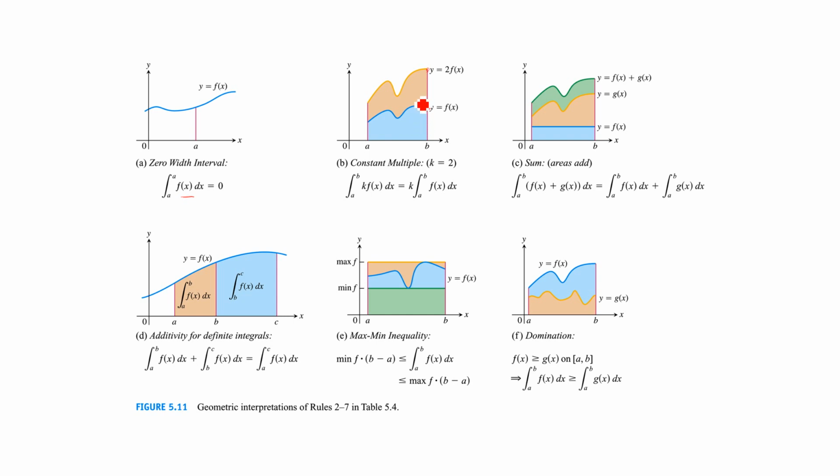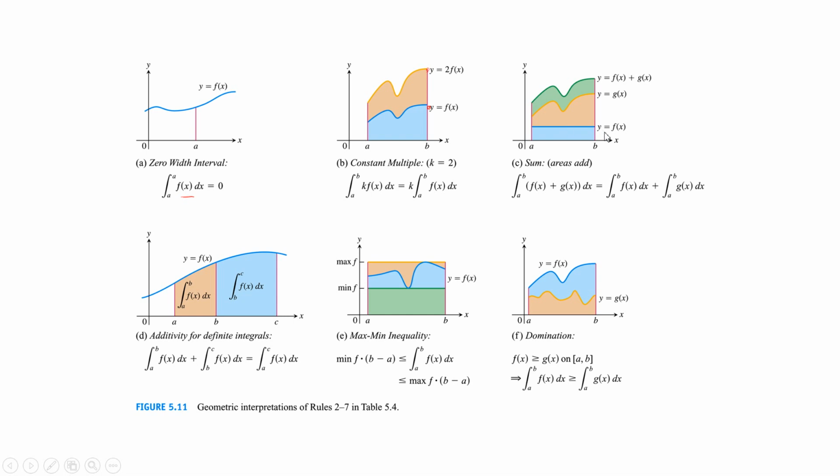That is why 2 times the integral from a to b f(x), or k times the integral from a to b f(x), because the heights of the rectangles will be doubled in every interval. So when we add up all the areas of the sub-rectangles, this will become double the original area. And this is the sum rule.